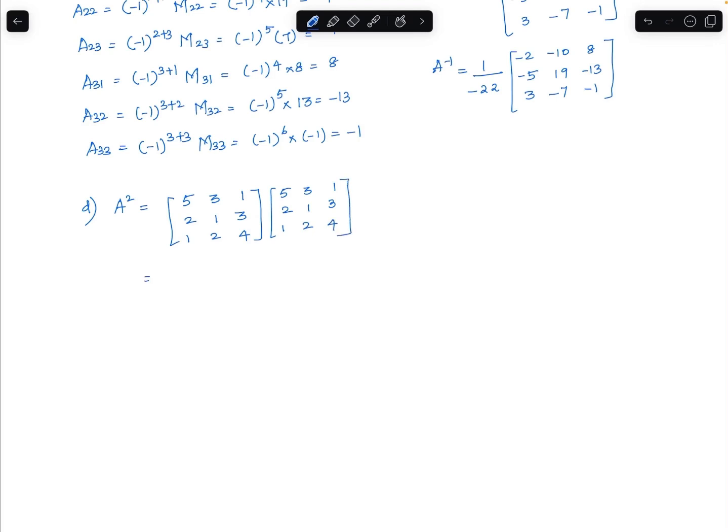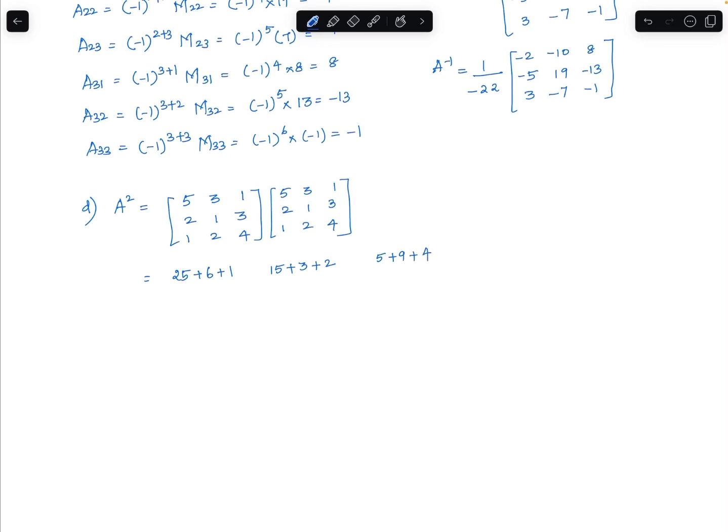The elements of the first row and the elements of the first column are getting multiplied. We get 25 plus 6 plus 1, 15 plus 3 plus 2, 5 plus 9 plus 4.